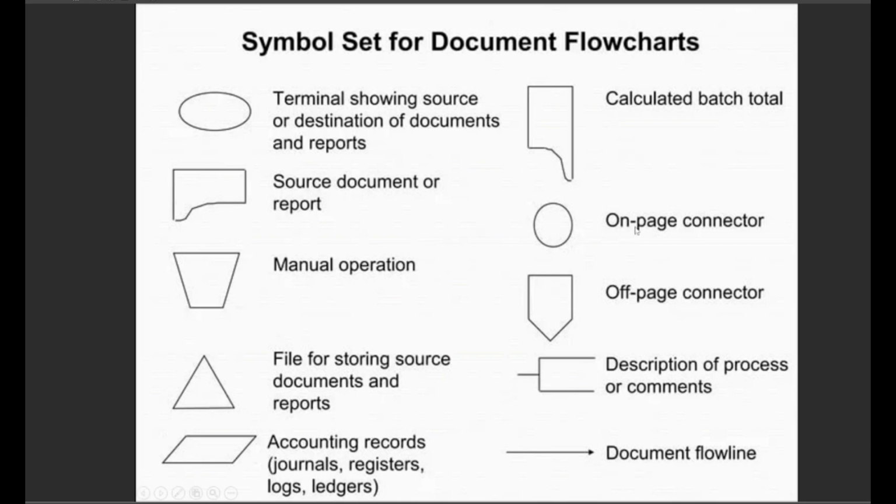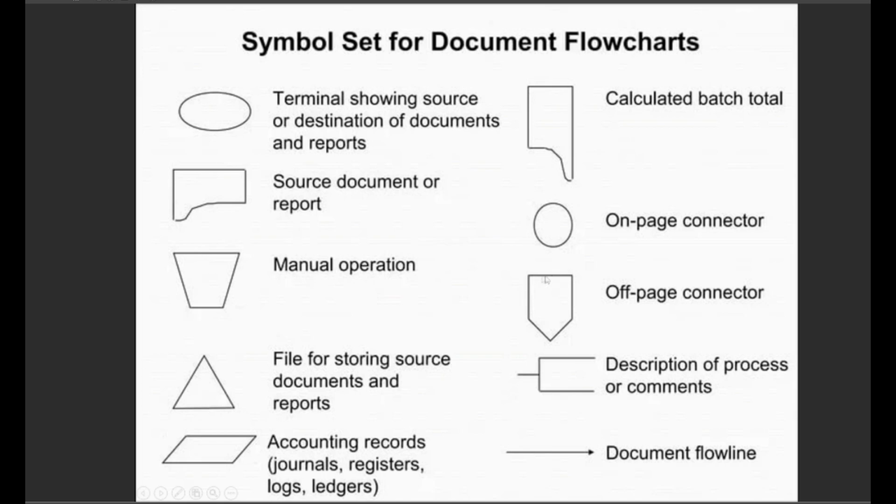We also have a circle that acts as an on-page connector to other users or entities in the usage of a system. In a document flowchart, the entities are divided into the views of the page. So we call that a page. If we have a lot of pages, a lot of entities that use the system, we use an off-page connector here.